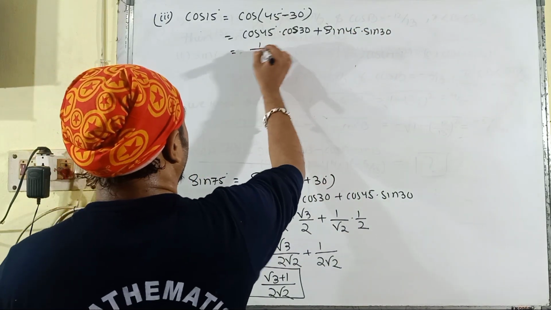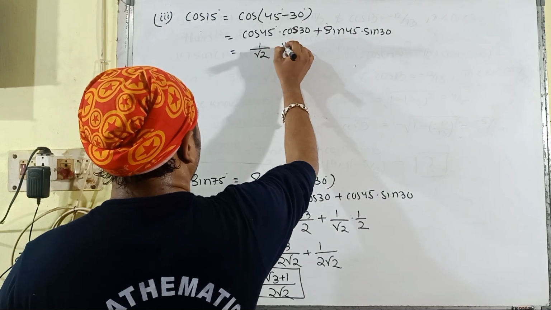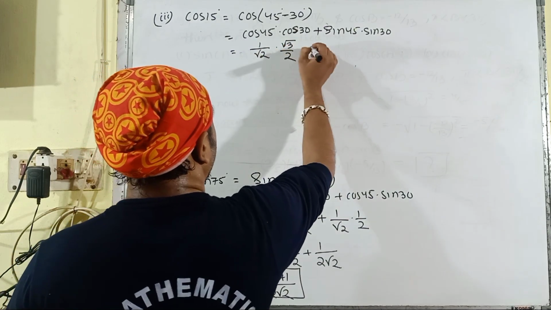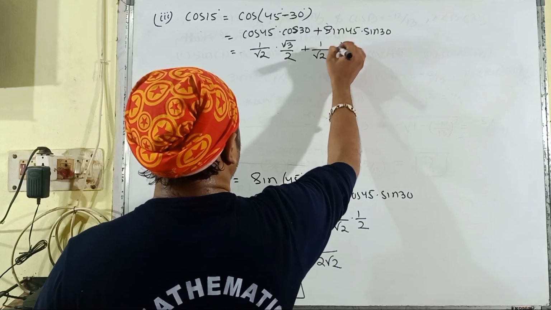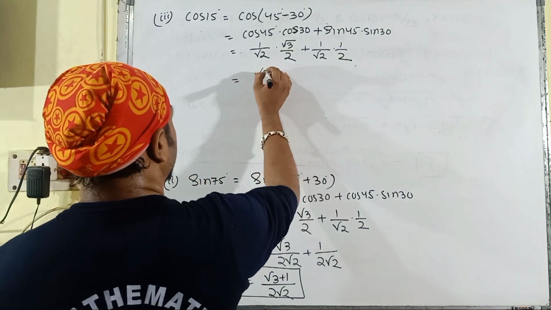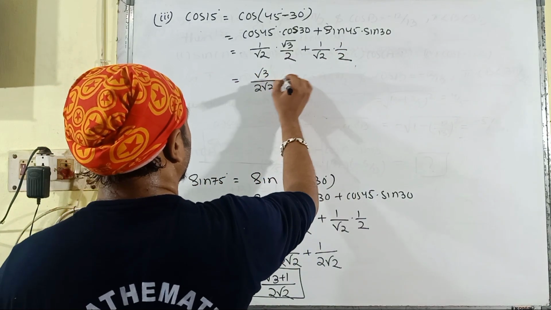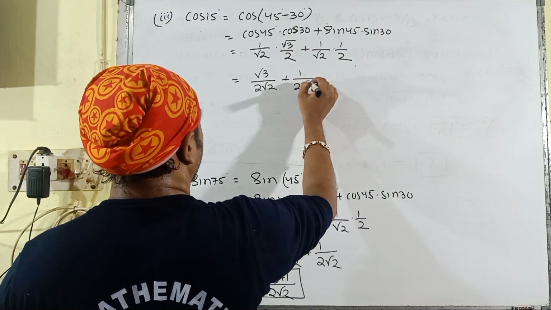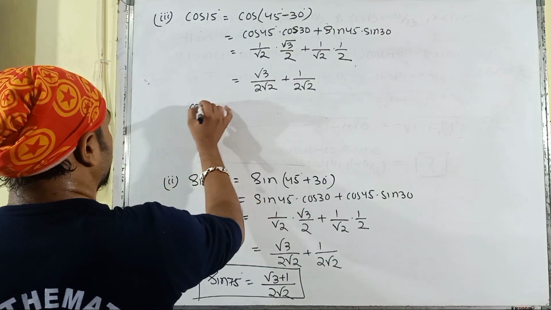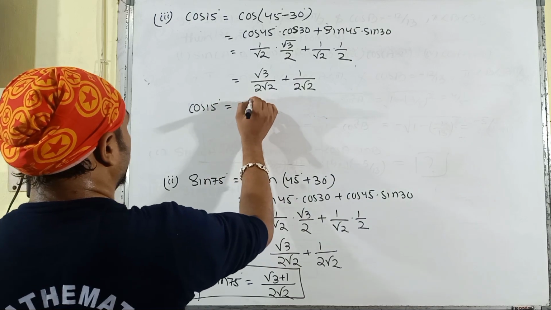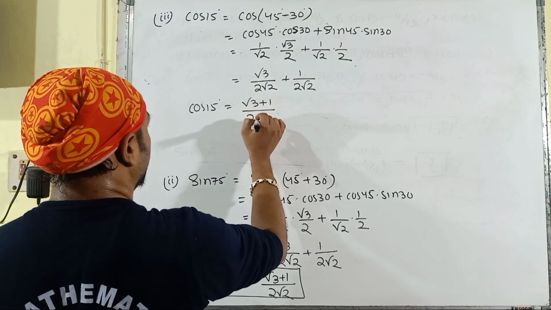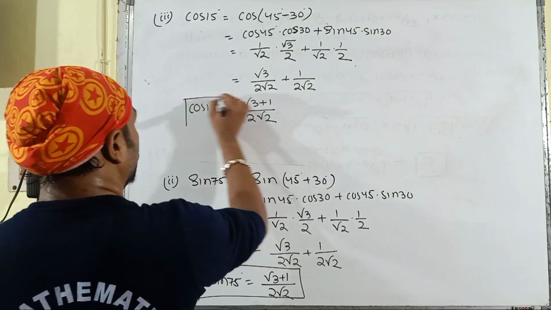So it is 1 by root 2 into root 3 by 2 plus 1 by root 2 into 1 by 2. Now it is root 3 divided by 2 root 2 plus 1 divided by 2 root 2, and hence cos 15 degree is equal to (root 3 plus 1) divided by 2 root 2.